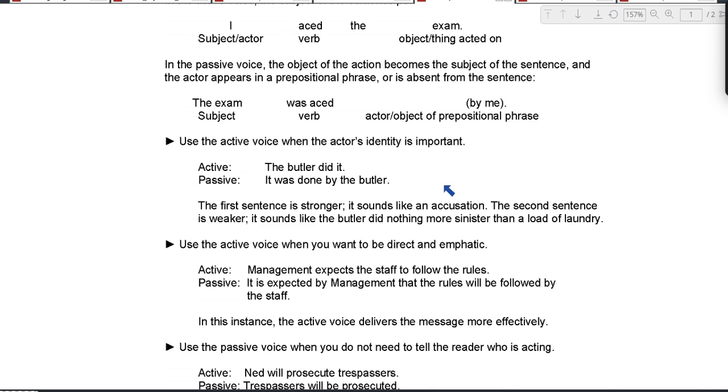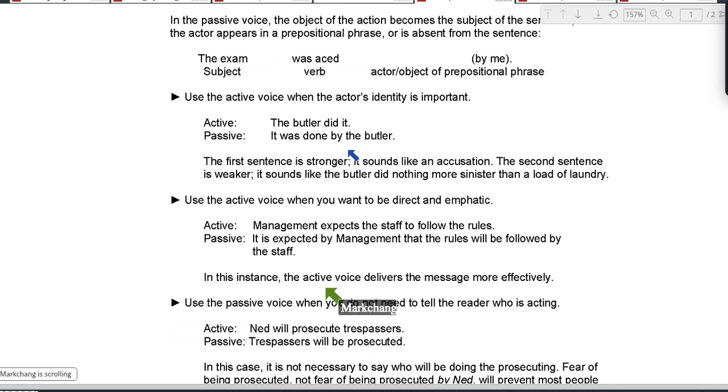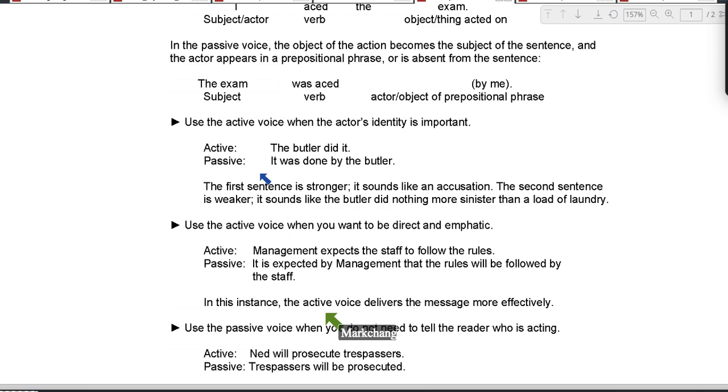Now you see that it is the third form of do, done. So bullet is the subject and it is the object, so it will come in place of the subject in passive voice. And what's a bullet? A bullet is the object that is used in pistols, guns, rifles to kill.